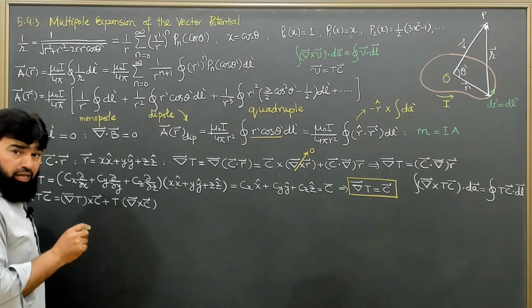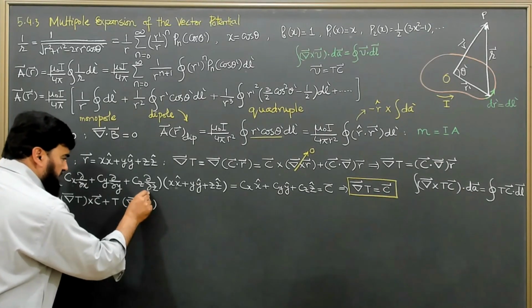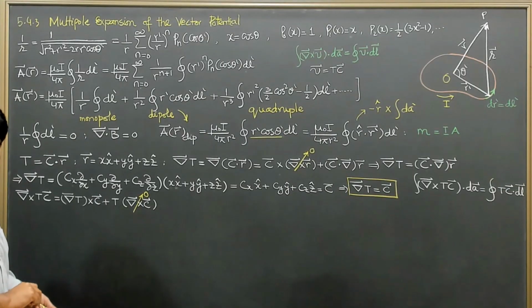Now we know one thing, that C is a constant vector, so its curl is equal to 0. It's not curling.